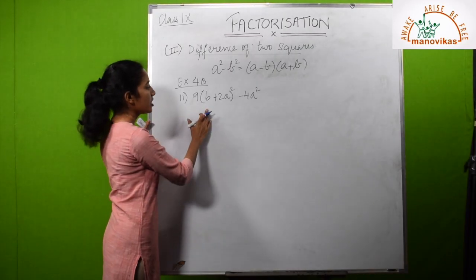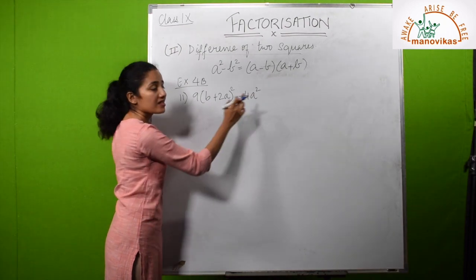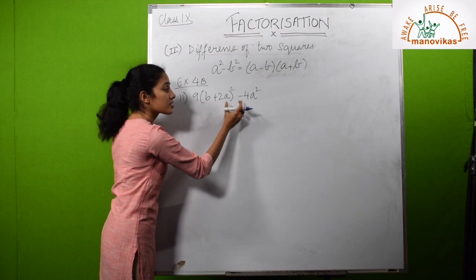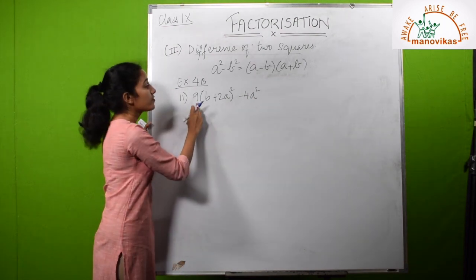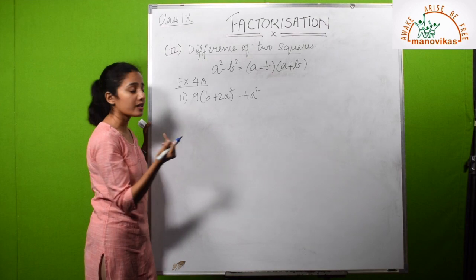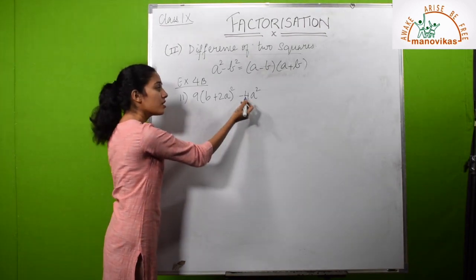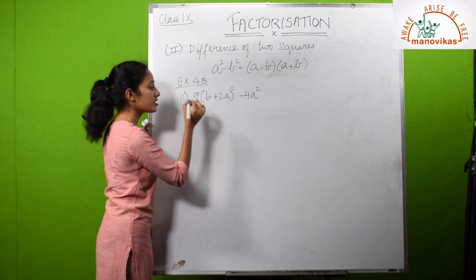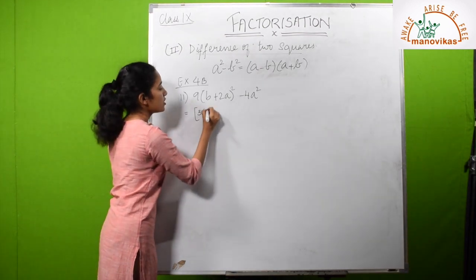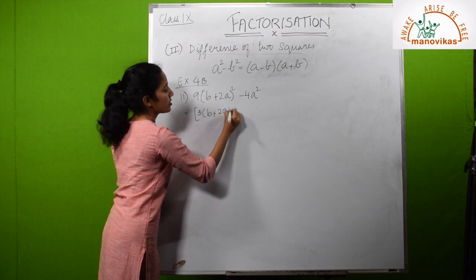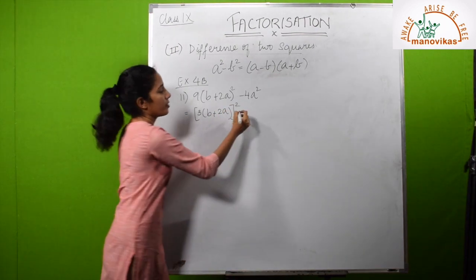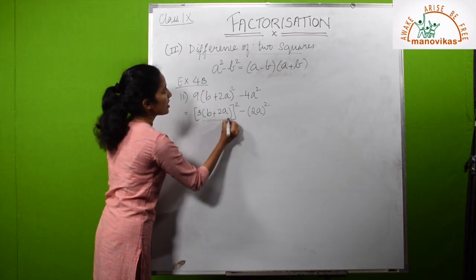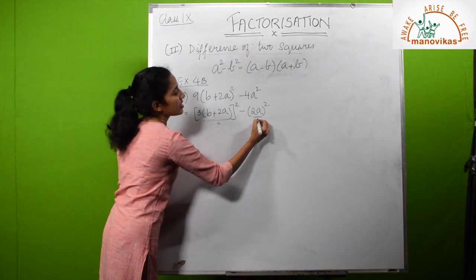Consider another problem. Here you have two terms which have squares, and there is one which has a negative sign. So let us check if the coefficients of the terms with squares are also squares of any numbers, which here are 9 and 4, the squares of 3 and 2. So the next step, we write them in the square form. That will be 3 into b plus 2a the whole square minus 2a the whole square. Now this entire term is taken as a and this will be taken as b.